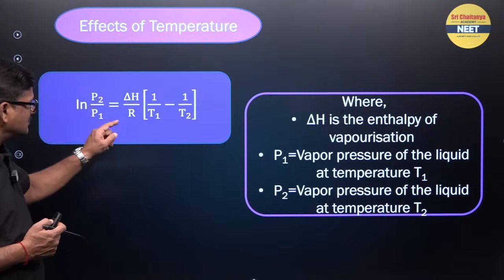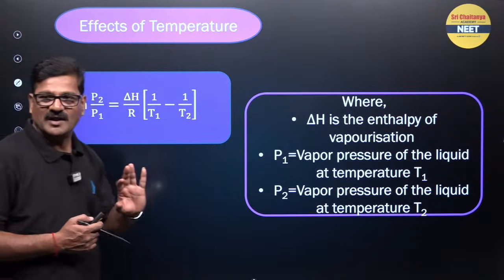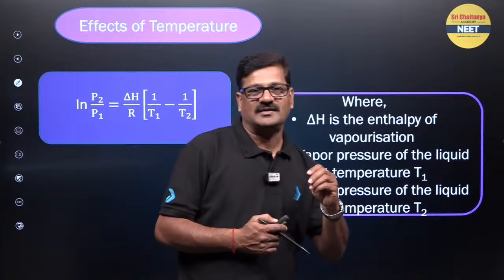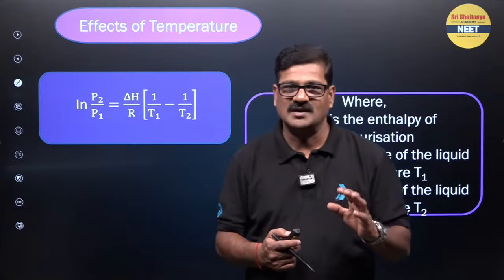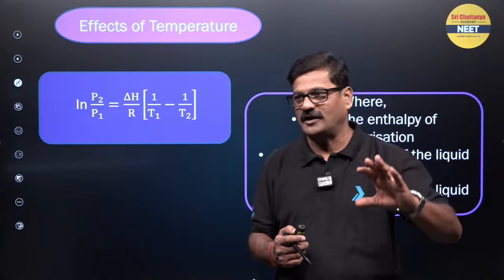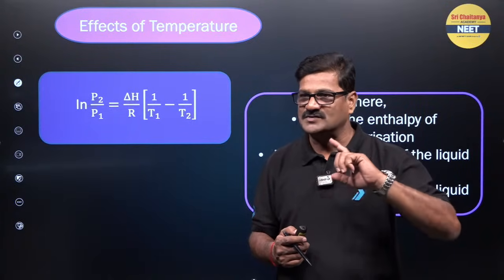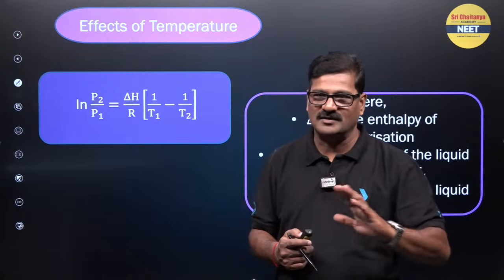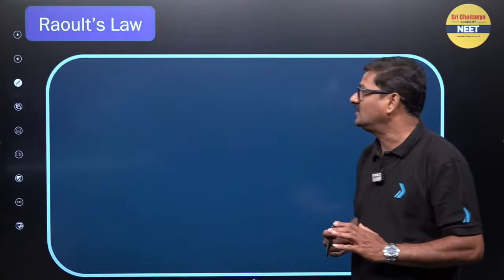You just memorize this equation, and mostly you may not get a numerical based on this, because we have the derivatives of this in the Arrhenius equation in chemical kinetics. This is very, very important. Never lose it. And moving ahead, Raoult's law.